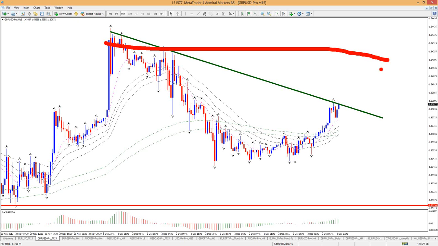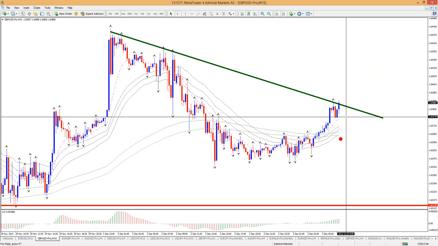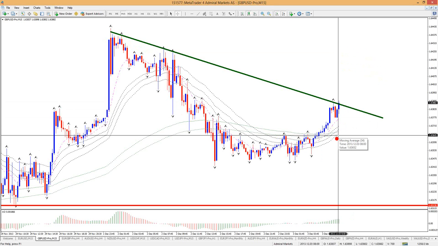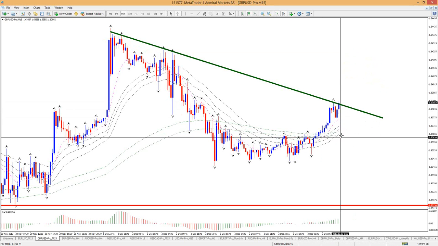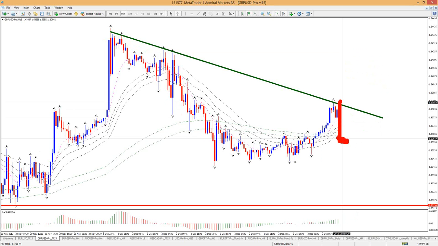Plus, I don't like the pound that much in the early morning, but with that said, we are pushing through the 50-minute fractal above this trend line. The only thing is that the stop loss would have to definitely be at least below here, below these moving averages, if one were to take it, but it's about 30 pips.